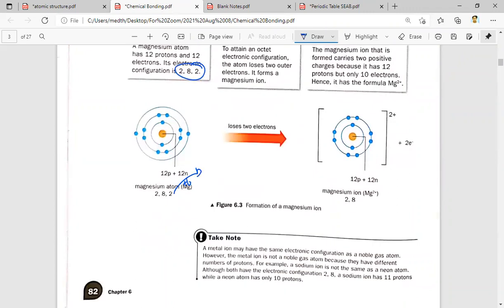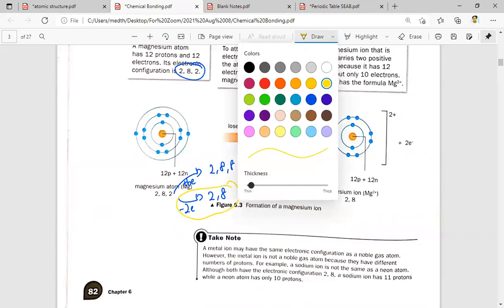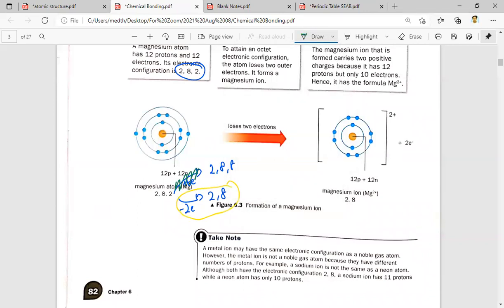It can either add 6 electrons to give me 2,8,8, or it can lose 2 electrons to give me 2,8. Obviously, it is unreasonable to gain 6 electrons because it takes a lot of effort. So losing 2 electrons is the way magnesium becomes stable.